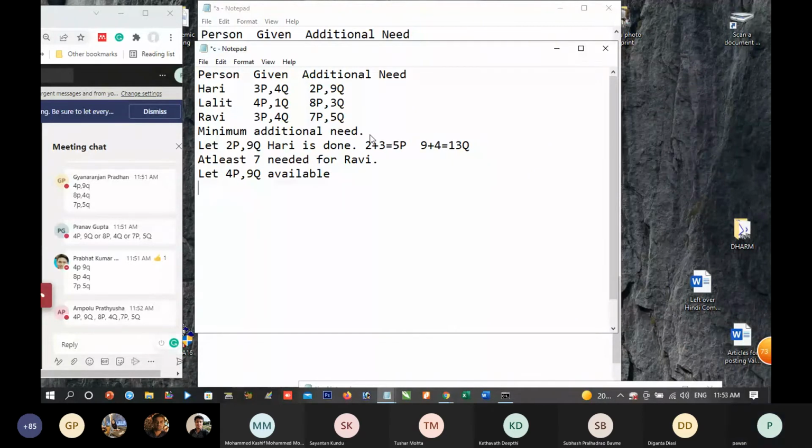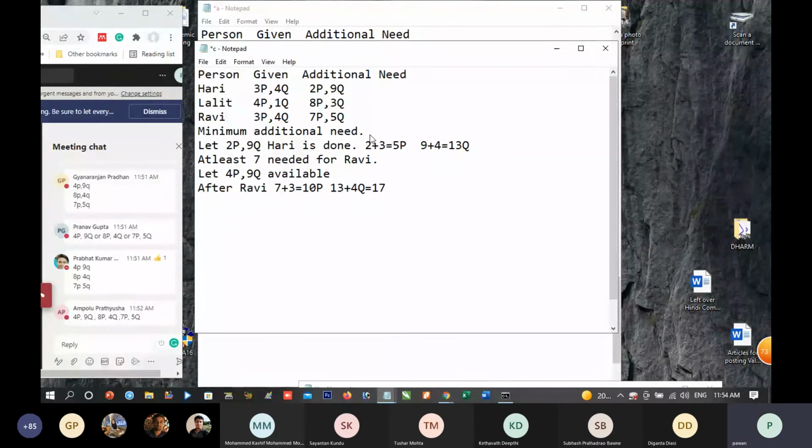Now, after completing Ravi, 7 plus 3 equal to 10P and 13 plus 4Q is equal to 17Q.